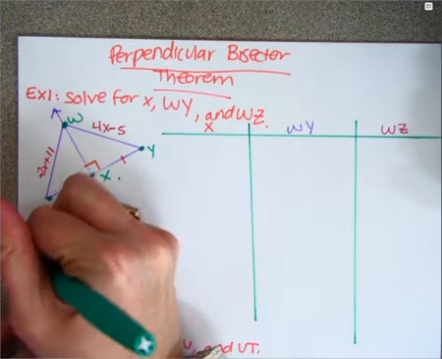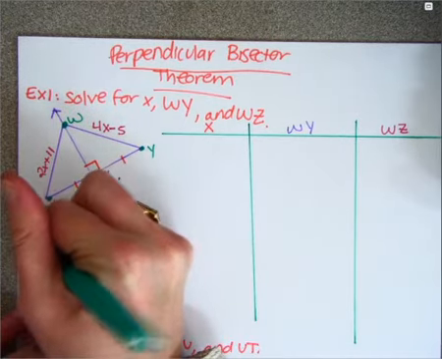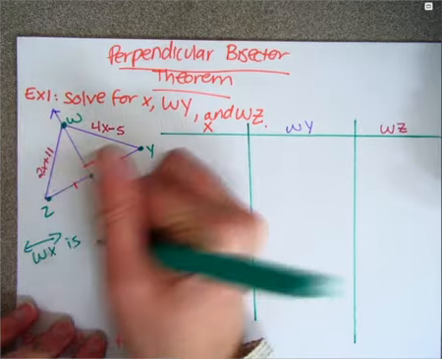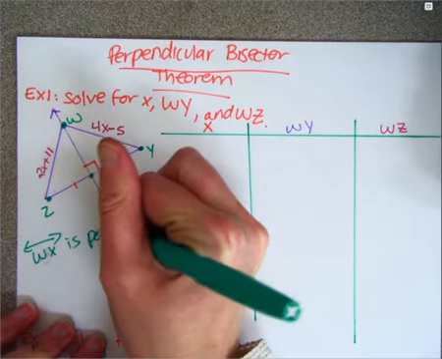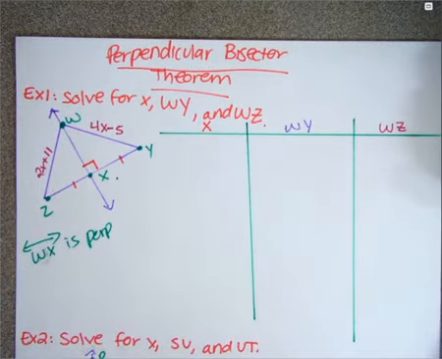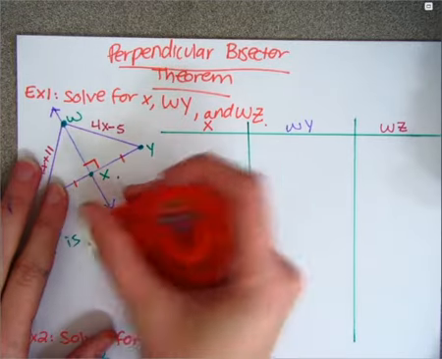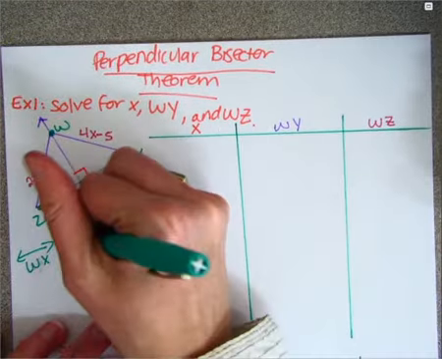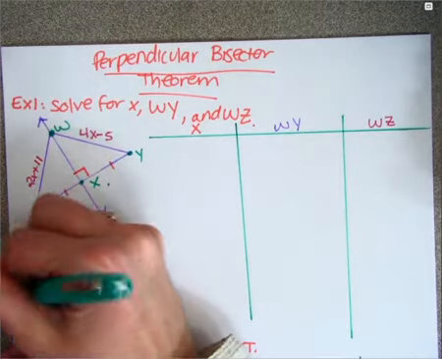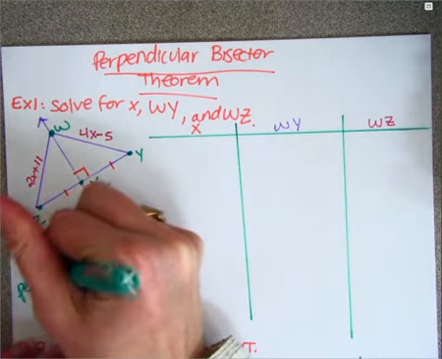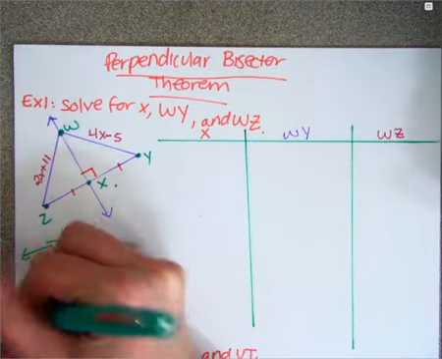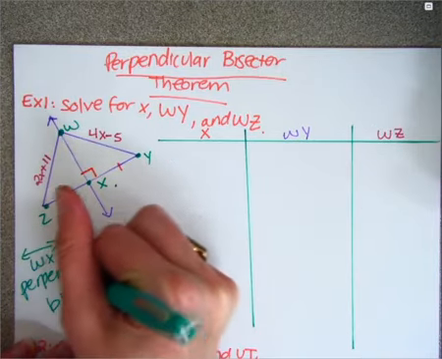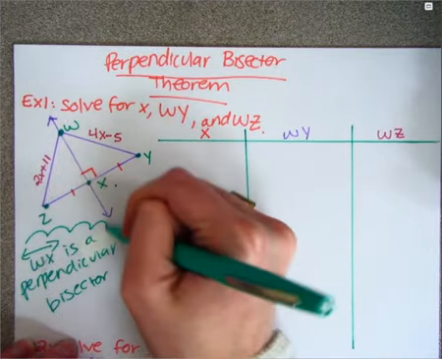So I know that line WX is the perpendicular bisector, which means we can apply the perpendicular bisector theorem.